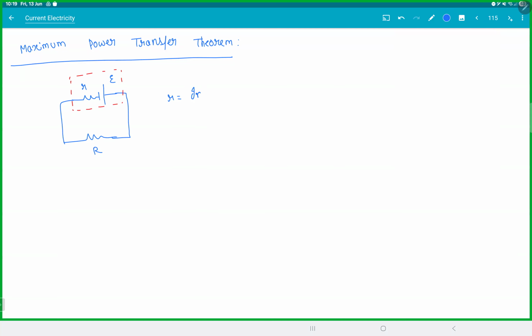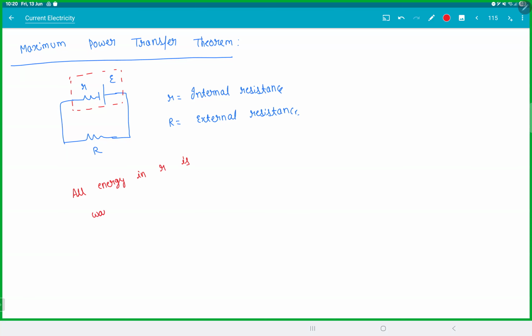So here small r is your internal resistance. Capital R is your external resistor. All the heat that you produce in small r, all energy in the internal resistance, is wasted.